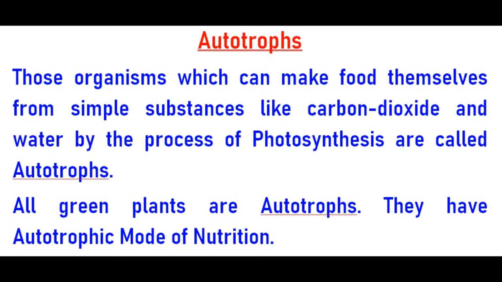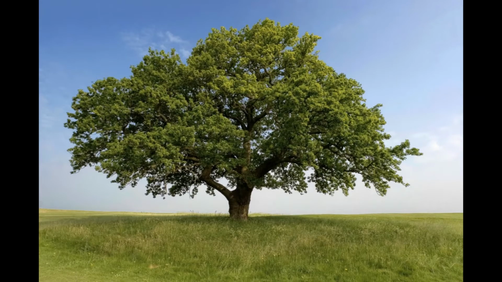Those organisms which can make food themselves from simple substances like carbon dioxide from the air, water from the soil, by the process of photosynthesis are called autotrophs. Naturally, you understand all green plants are autotrophs. All green plants have autotrophic mode of nutrition.